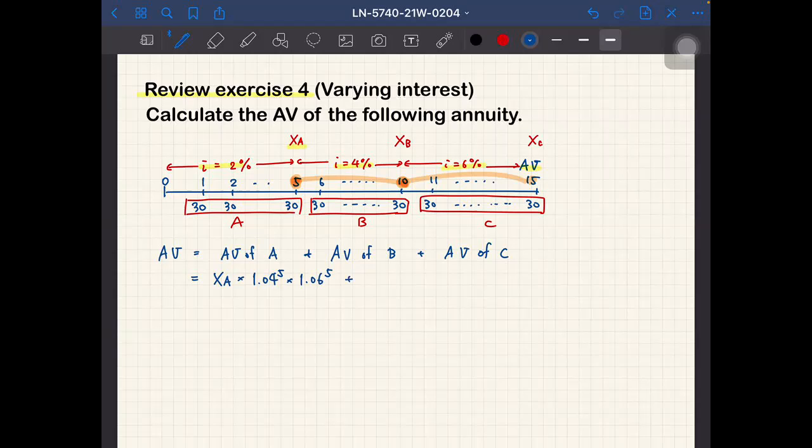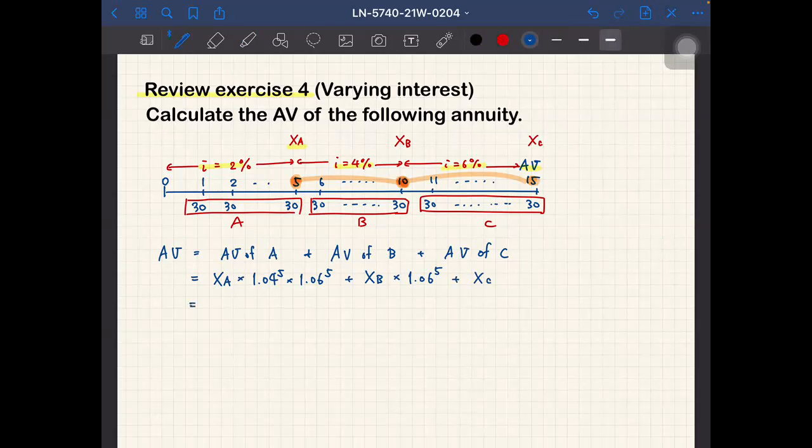The next one, the accumulated value of B, is XB, but it should accumulate 6% interest for 5 years from t equal to 10 to 15. So this is XB times 1.06 to the power 5, plus XC.